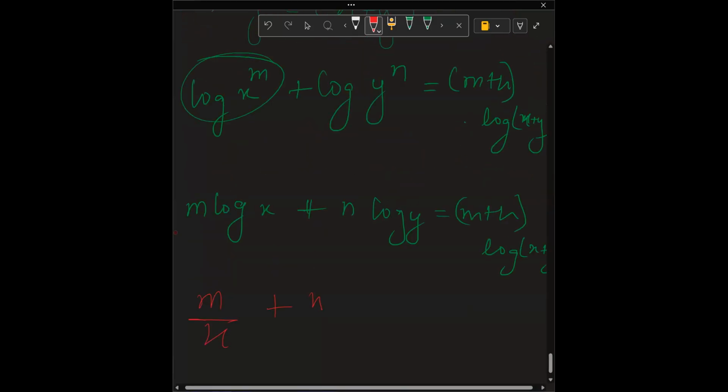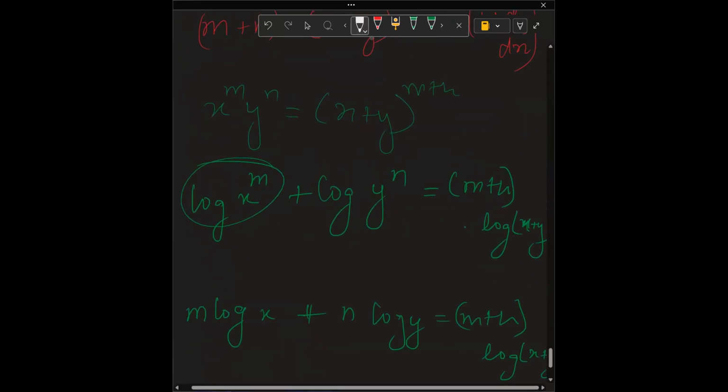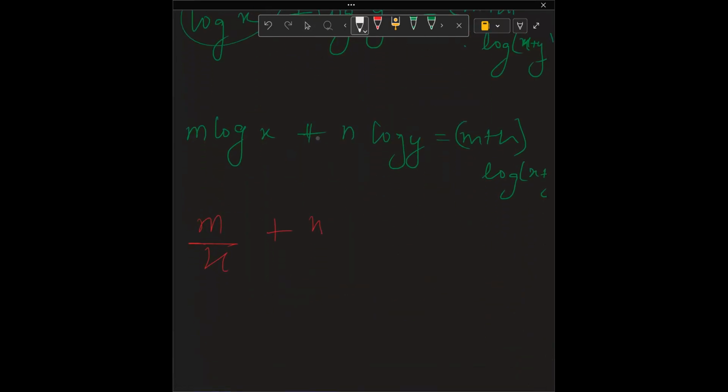One more thing, over here we must have dy by dx as well. यहाँ पे dy by dx भी होना चाहिए ना? See, when I differentiate this, this is n, and log y का differentiation होता है 1 by y. So n upon y, and y का differentiation again, that is dy by dx.